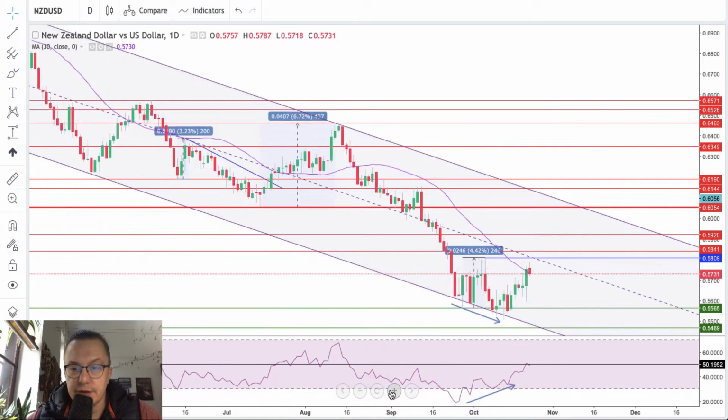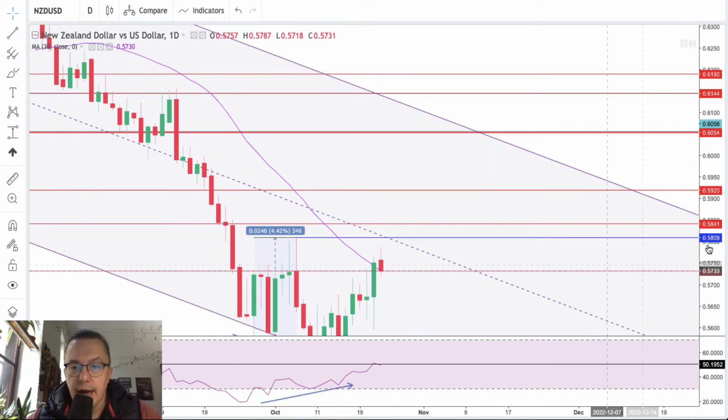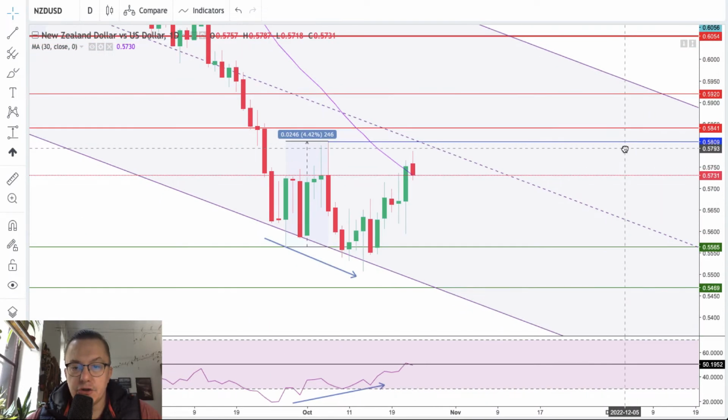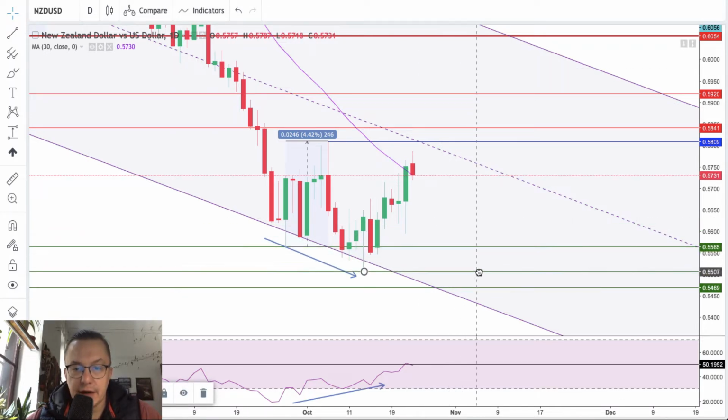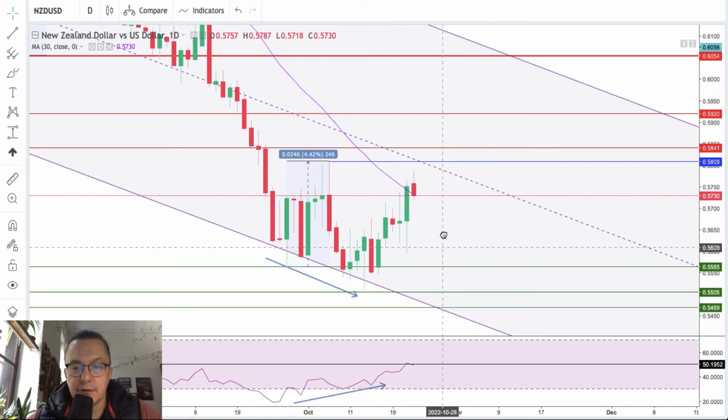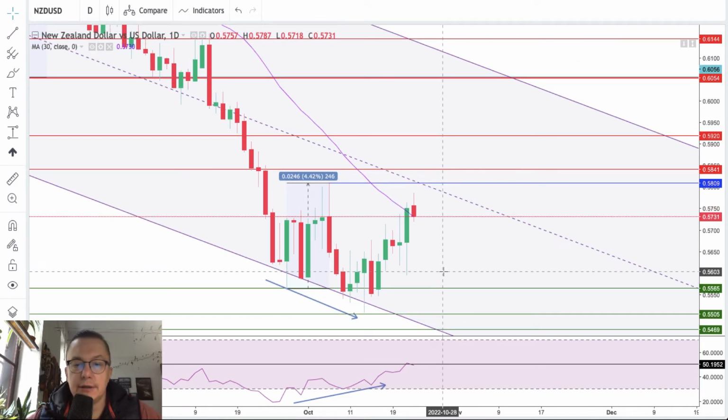Let's just zoom in to see what is going on here. As you can see, we are trying to bounce a little bit higher, even a little bit higher than the last local high. We got this level 5,505 as the swing low, of course, during the downtrend as well.